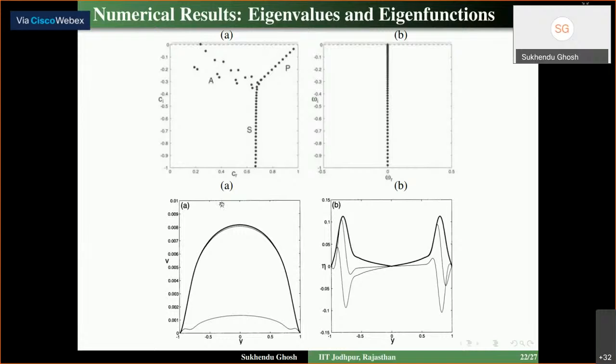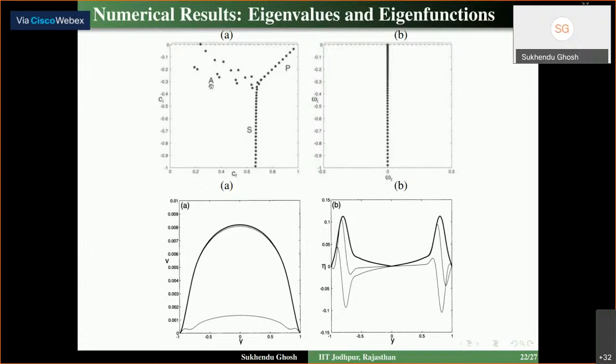That's why I have plotted CR versus CI, because our C is the eigenvalue and C equals CR plus i CI. So these are the complex eigenvalues. Corresponding to a particular eigenvalue, this positive eigenvalue, I have plotted the eigenfunction: real part, imaginary part, and absolute value. These are the typical behaviors of the eigenfunction.